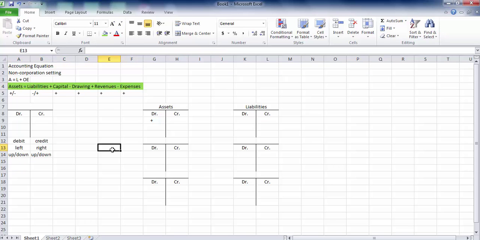Okay, so assets equals liabilities plus capital minus drawing plus revenue minus expenses. So let me ask you a quick question. Looking at that green equation, does everybody agree that liabilities rests on the opposite side of that equal sign compared to assets? And you're going to say, yes, it is on the opposite side.